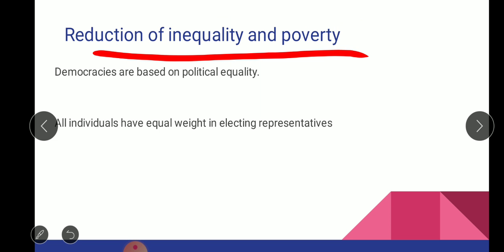If you see inequality, the development is happening in the democratic form of a government, but you can find that, as we saw previously, comparing to the non-democratic country, the economical growth is reduced in a democratic form of a country, even though the country is achieving economical growth.